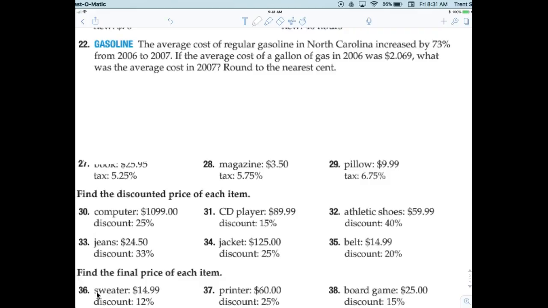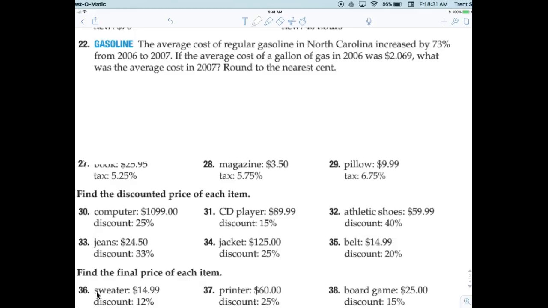The average cost of regular gasoline in North Carolina increased by 73% from 2006 to 2007. If the average cost of gasoline in 2006 was $2.069, what was the average cost in 2007?